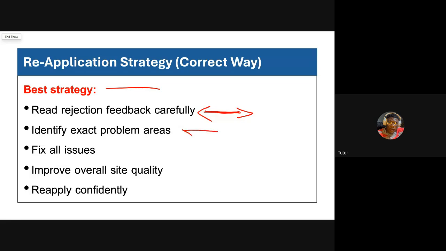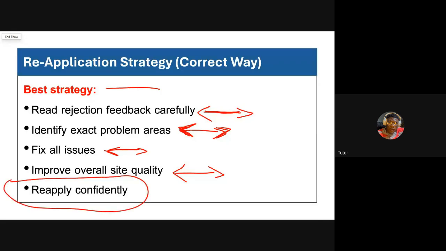Identify the exact problem areas provided by Google AdSense, telling you that these are the things you've not gotten right. Now go back to your site and fix all those issues, improve overall site quality, make sure that everything is working properly. And then once you achieve that, go back and reapply confidently.